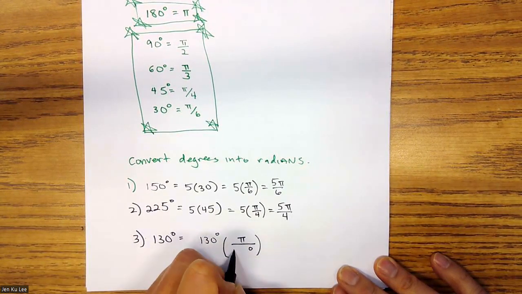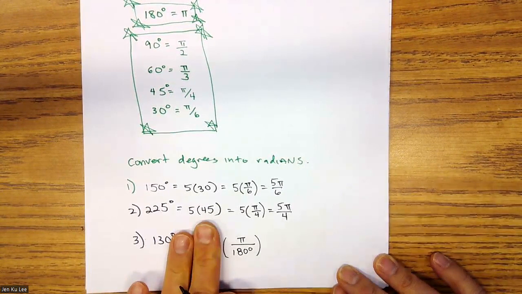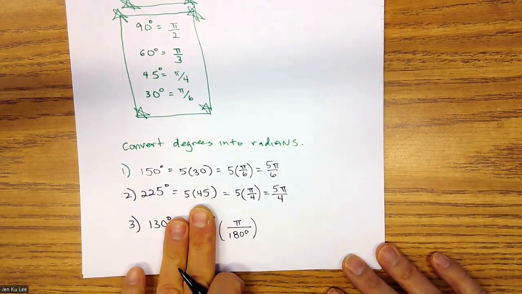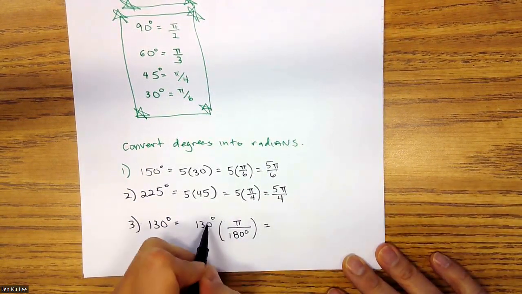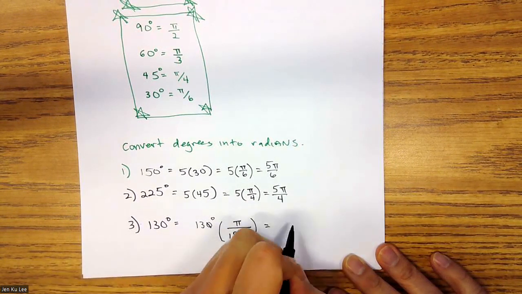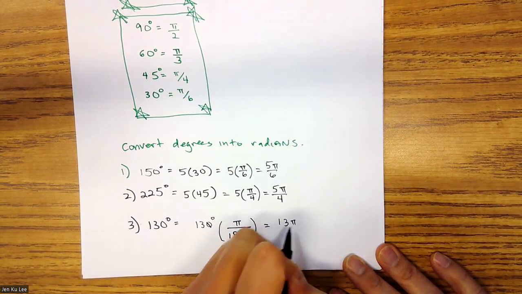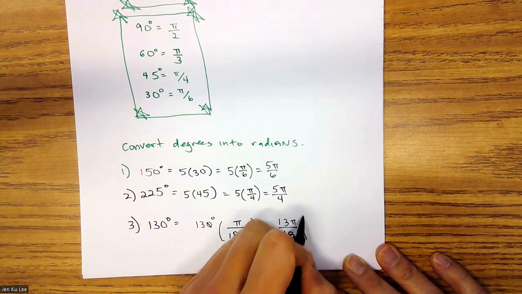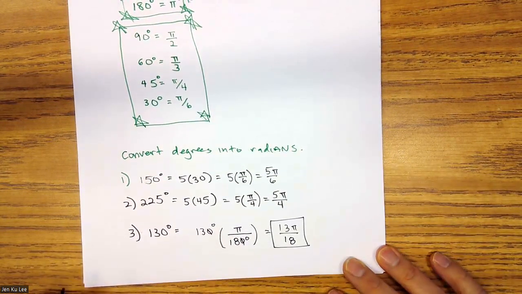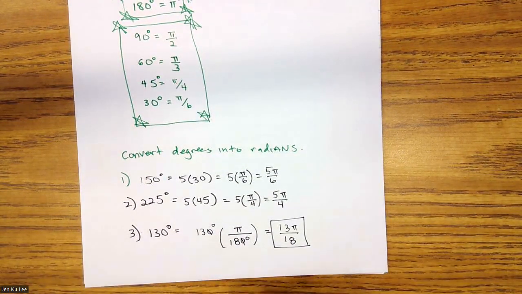So I know pi equals 180, that's my conversion rate right there. So the zeros will cancel out and we'll have 13 pi over 180. So that is that.